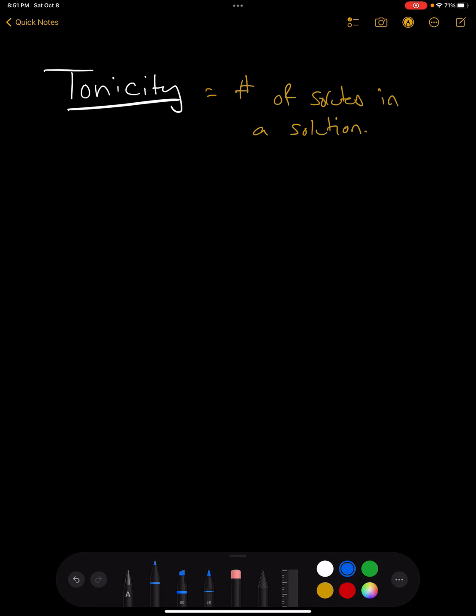Now, tonicity, right? We actually have 3 types of tonicity. Our first type is called hypertonic, okay? And usually when we talk about hypertonic, we're referring to a solution.